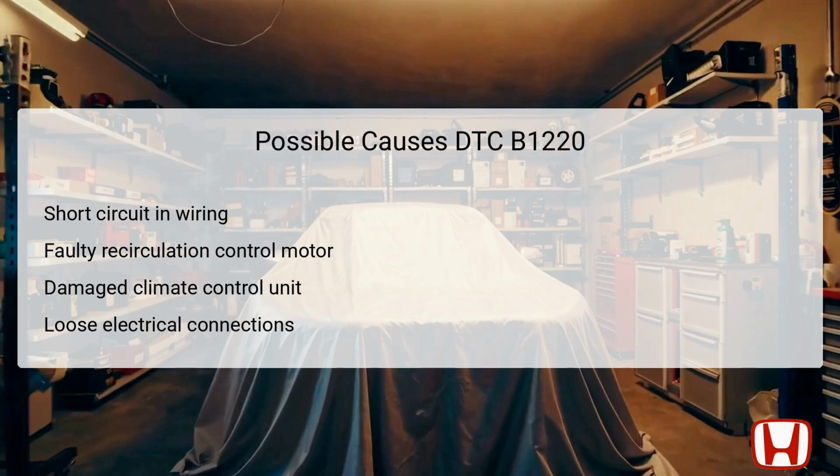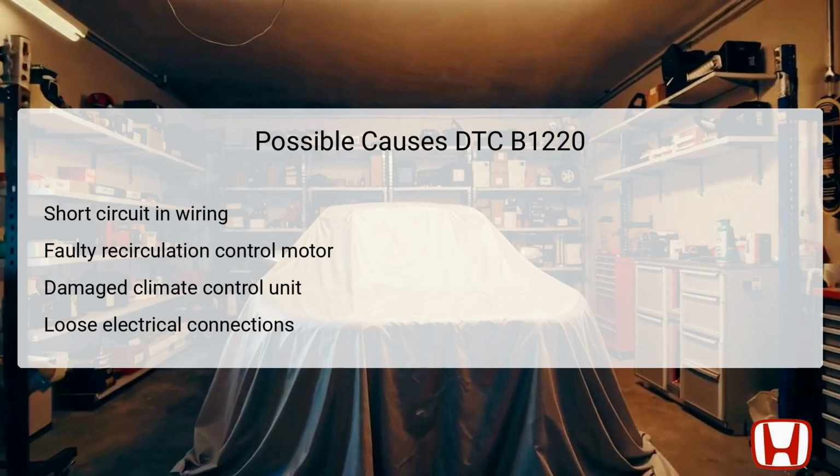Several factors can contribute to the DTC B1220 error code. A primary cause is a short circuit in the wiring, which can occur due to wear and tear or exposure to moisture. This issue often stems from the RFDP, Recirculation Control Motor Feed, or S5V, 5-volt power supply lines. Another reason could be a faulty recirculation control motor that fails to operate as intended.